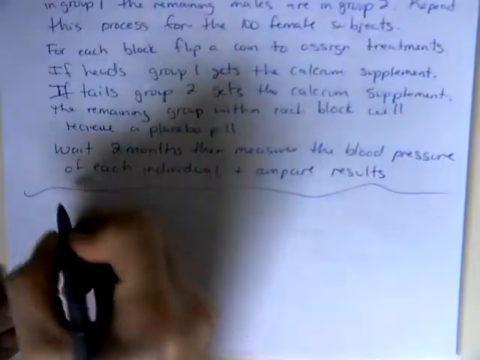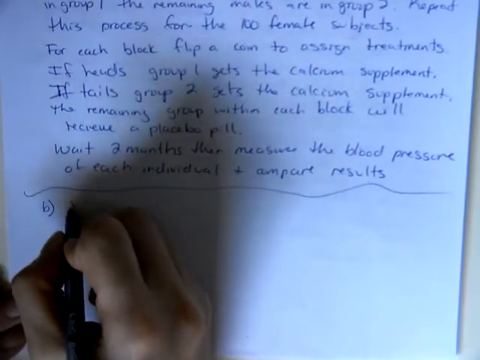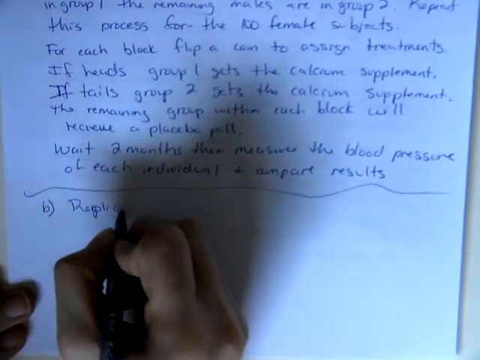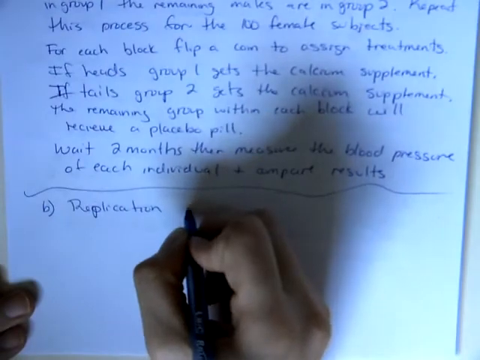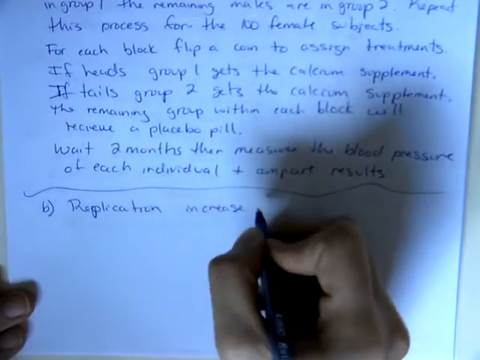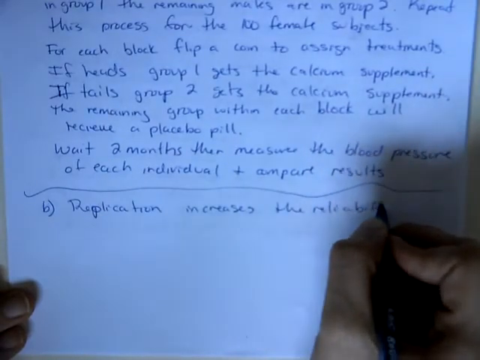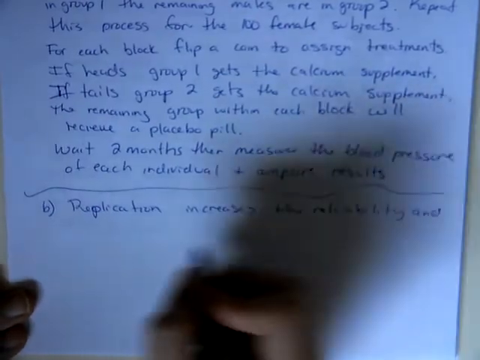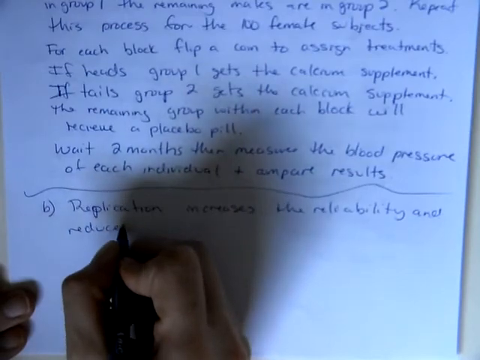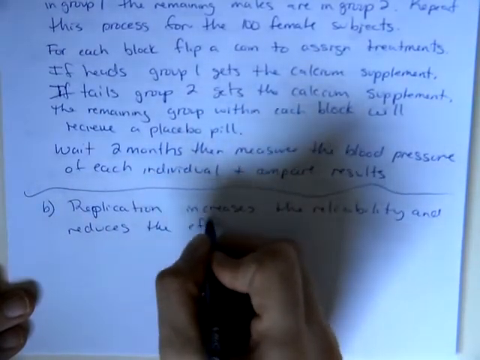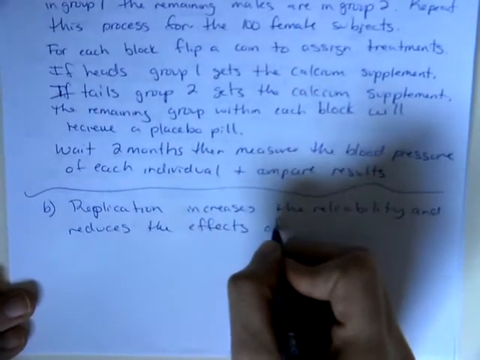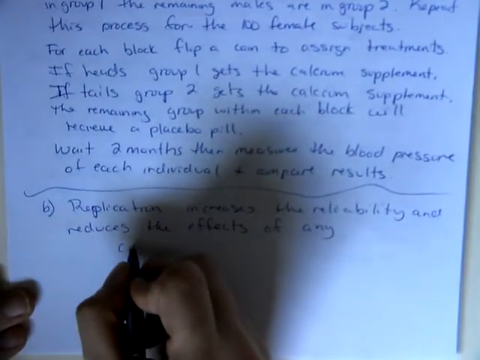But again, we talked about the other day for Part B, we want replication. What that does is it increases the reliability and reduces the effects of any confounding variables.